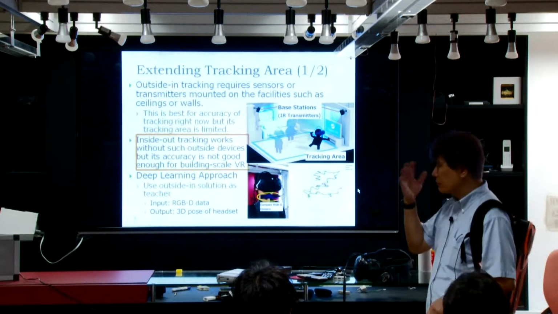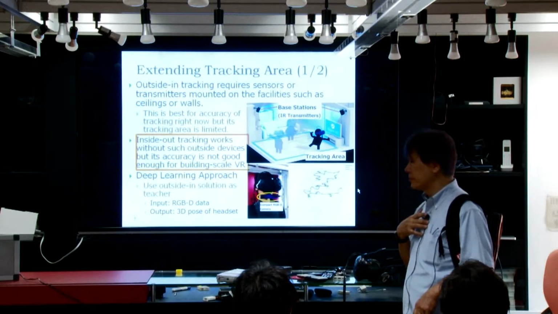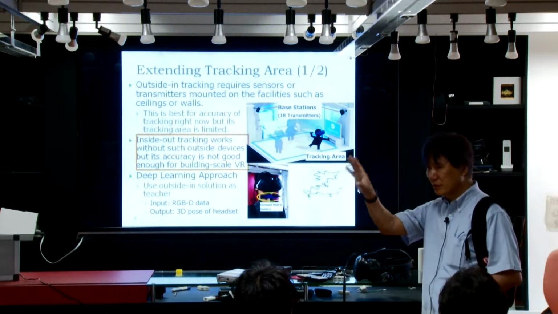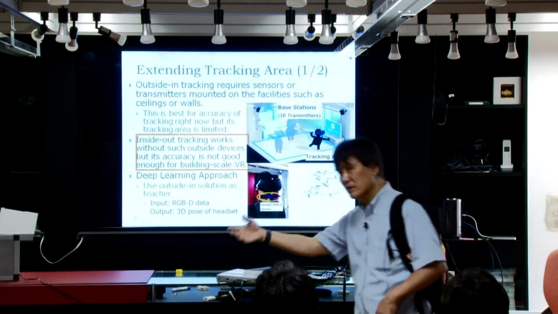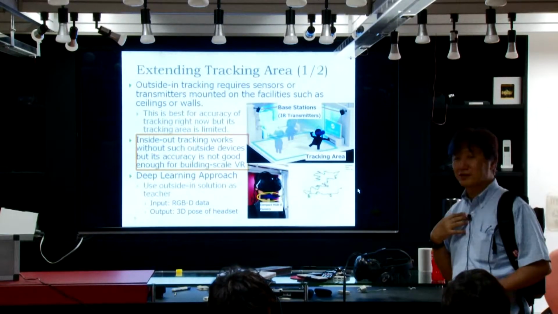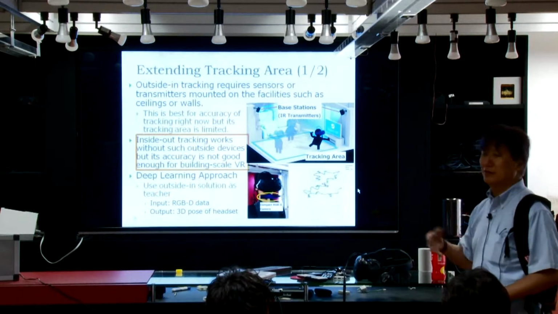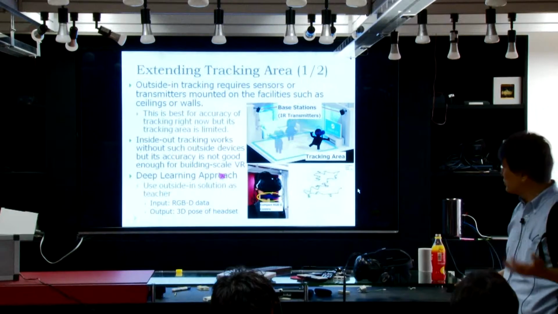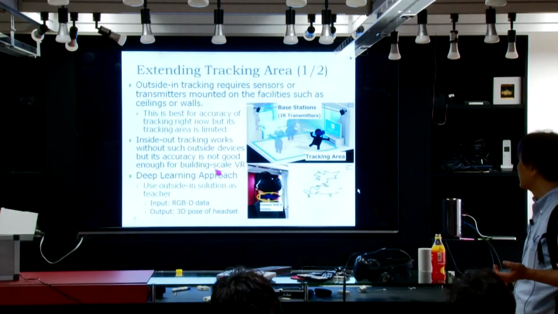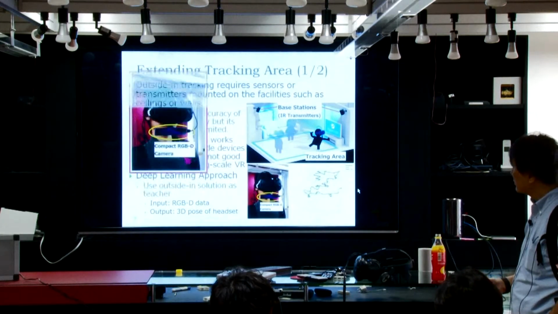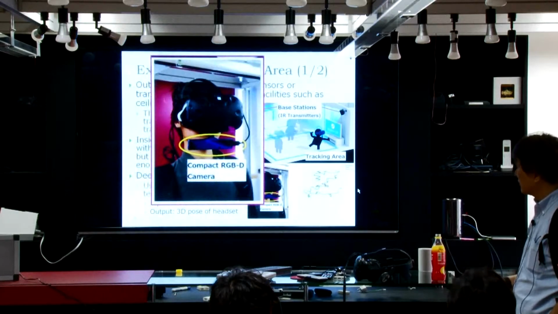So tracking is not good. When moving and walking, you have a headache and feel bad. So we improve that kind of situation based on a deep learning approach. As I mentioned, we attached a new sensor like this.